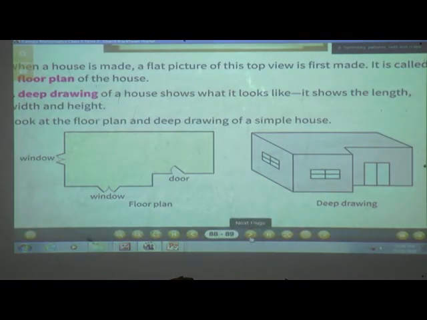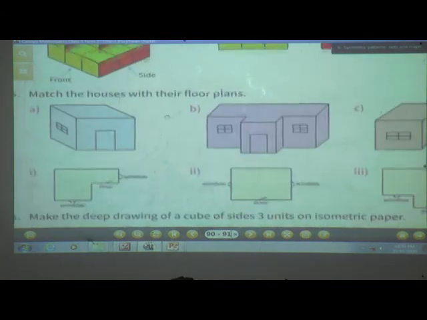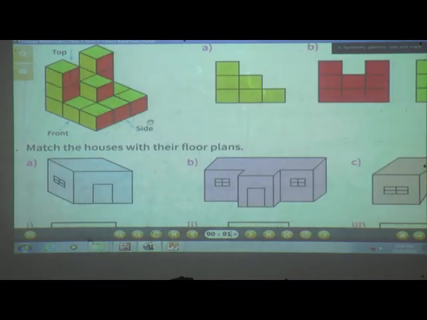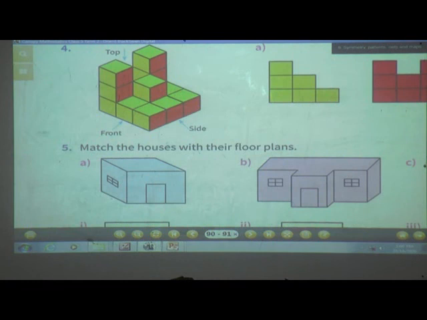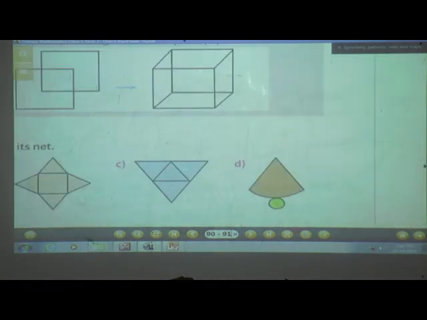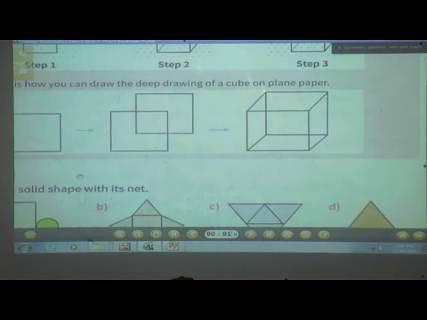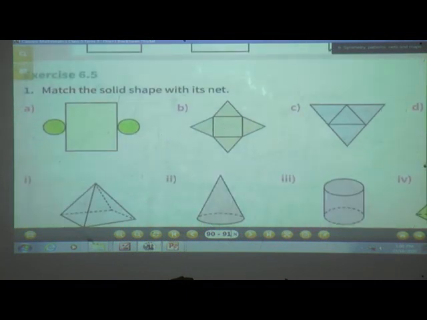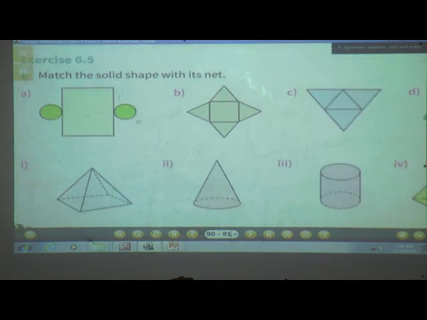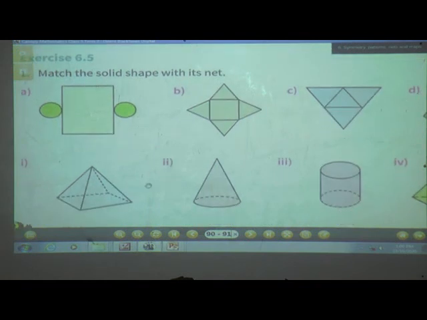Page number 90. See students, here they have given exercise 6.5. Match the solid shape with its net. Now see students, this one is a net of a, yes, can you tell me? Very good.